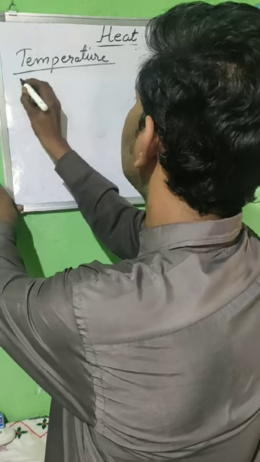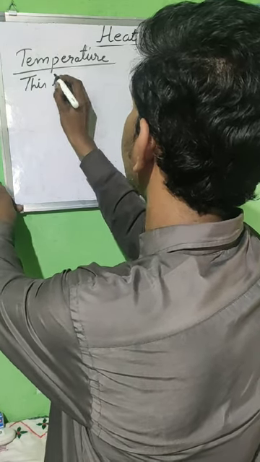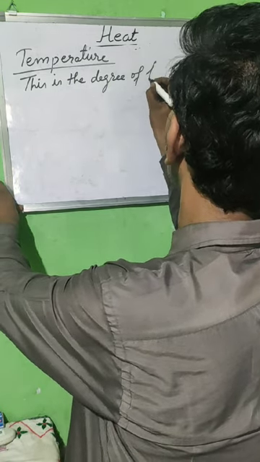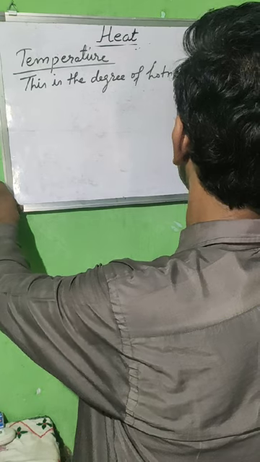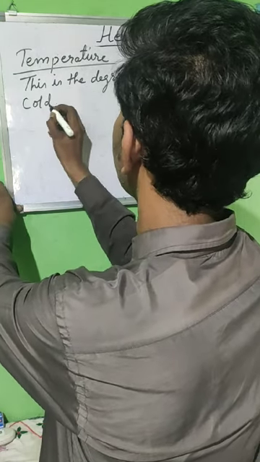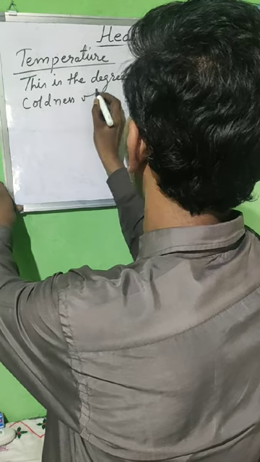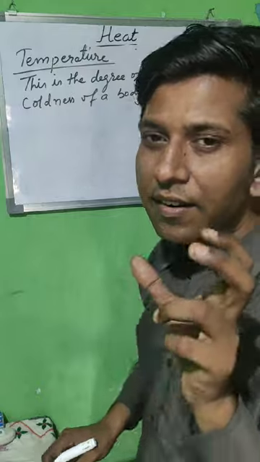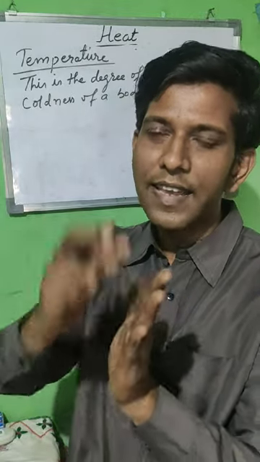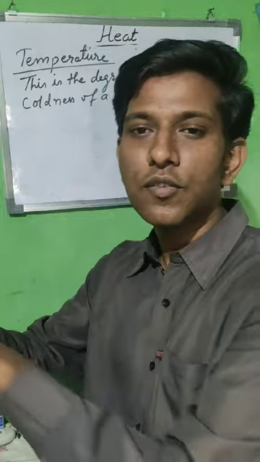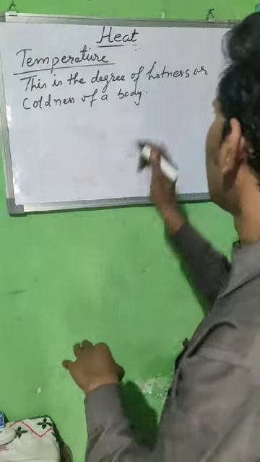Temperature is the degree of hotness or coldness of a body. So temperature is a very reliable term that will give exactness, how much a body is hot, how much a body is cold.